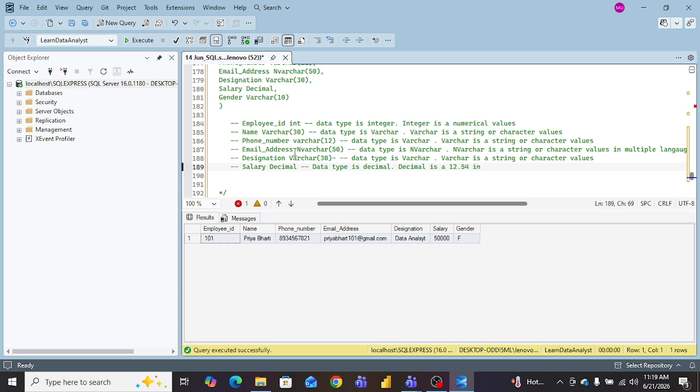Decimal is a numerical value, and we use the decimal form. I can write this. The gender is the same.